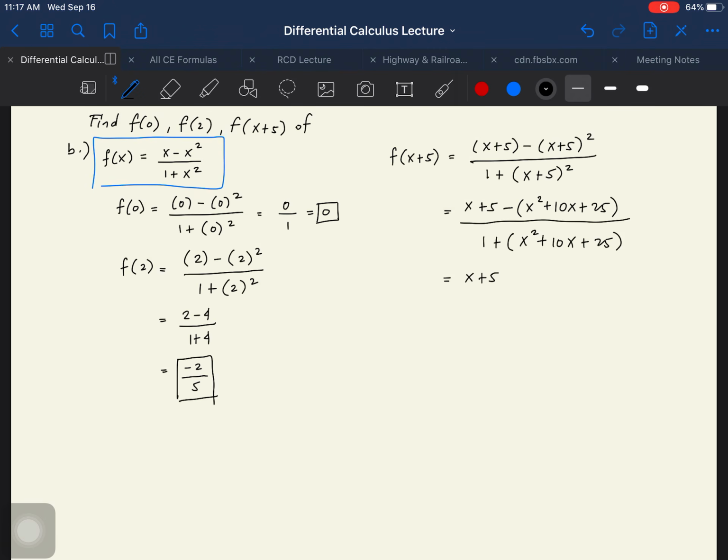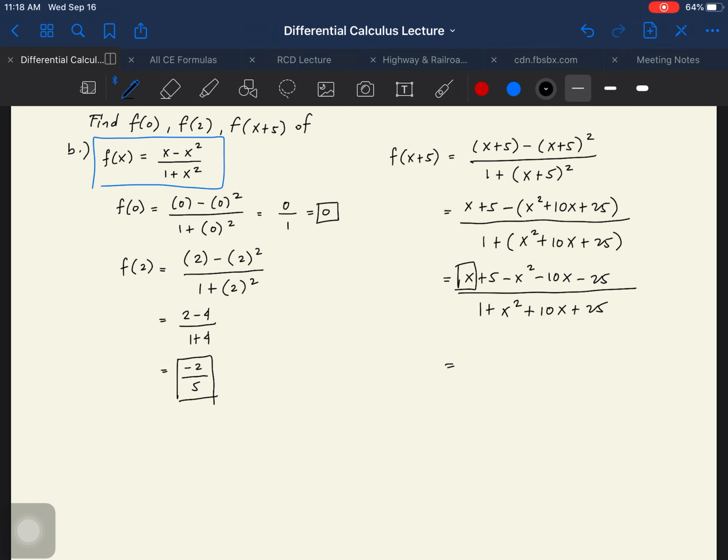Okay? So x plus 5 minus x squared, so we are distributing the negative sign, minus 10x minus 25. 1 plus, this is already x squared plus 10x plus 25 equals, combine like terms.